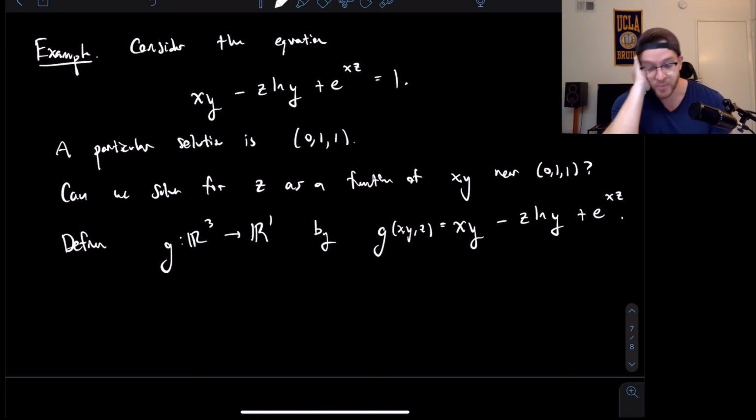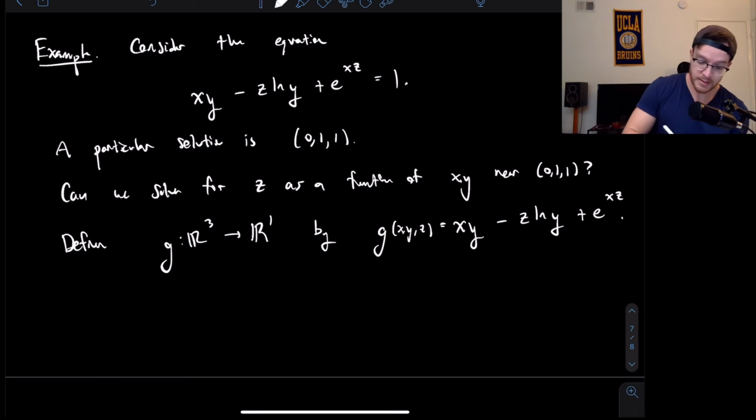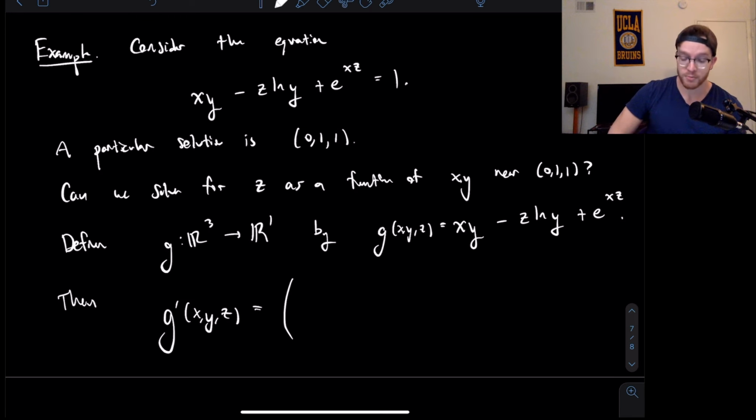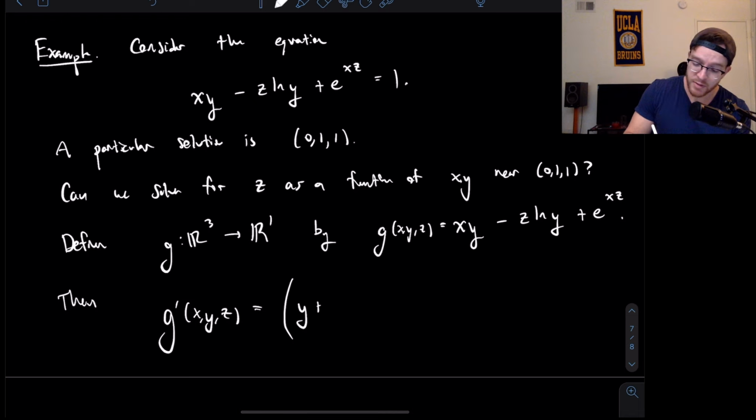Okay, the implicit function theorem says what you should do is first compute the Jacobian of this g. The whole Jacobian is going to be a 1 by 3 matrix. The first thing is the x derivative, so I'll get y plus z times e to the xz, I think.